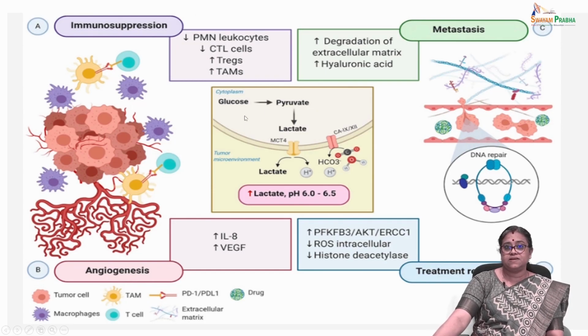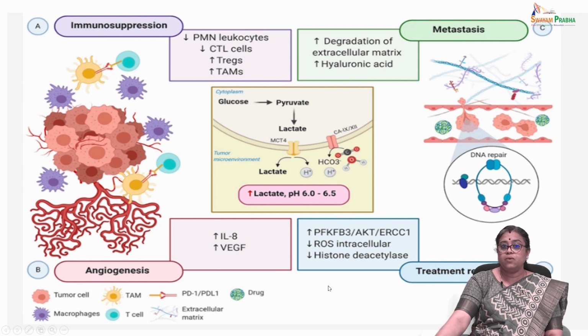Now coming to metastasis, when you have excess MMPs in the extracellular matrix, now they can lead to degradation of the extracellular matrix, and also increased amount of hyaluronic acid can lead to metastasis within the TME. So these factors are important to promote the metastasis. And as I told you, due to the Warburg effect, and the glycolytic pathway getting converted from pyruvate to excess conversion of lactate will lead to an acidic environment within the tumor. That is the pH maintenance between 6 and 6.5.